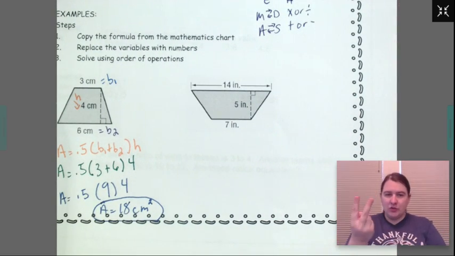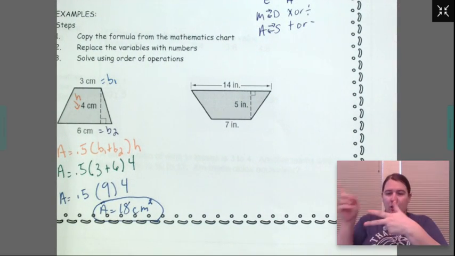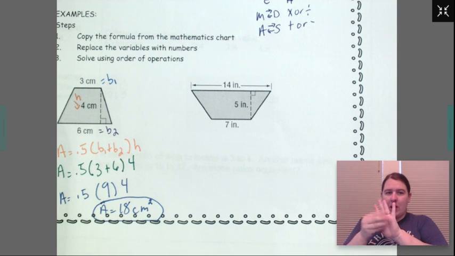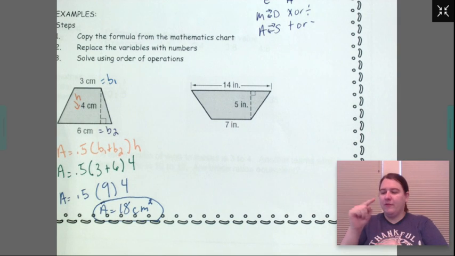All right, number 2. First, we copy our formula from our mathematics chart. Let's do number 1 first.